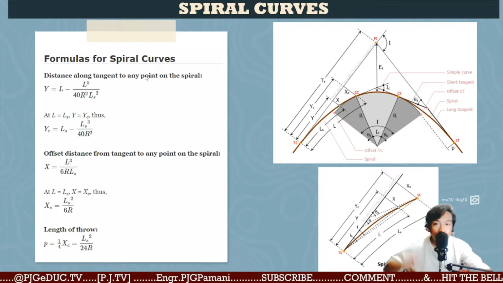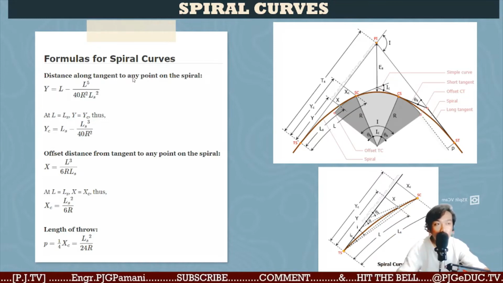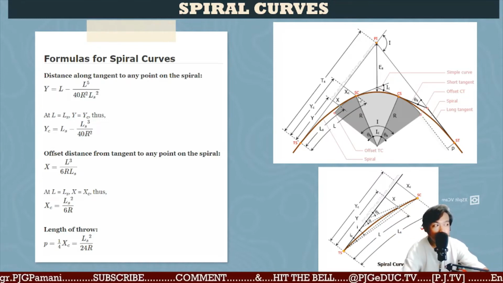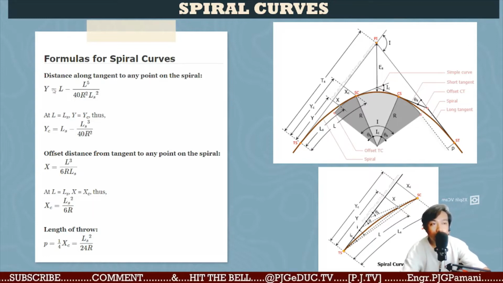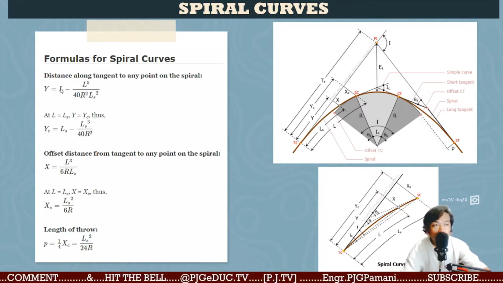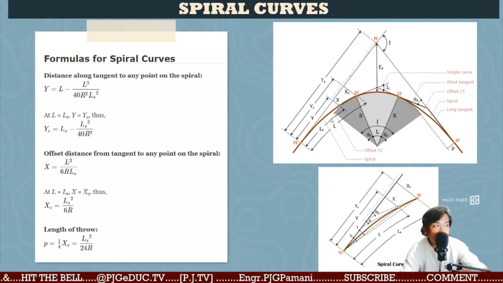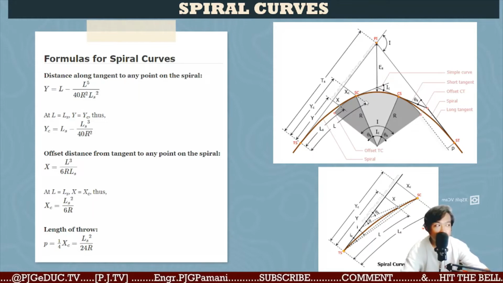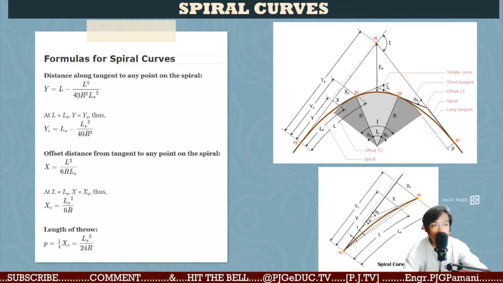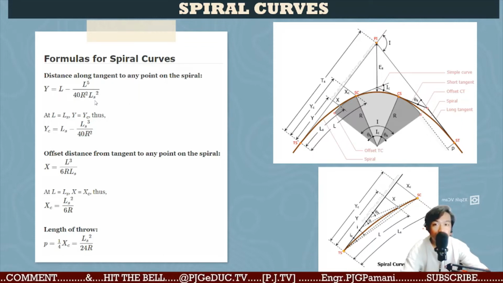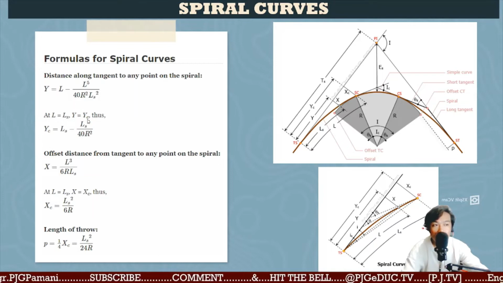It could either be the first quarter point, second, third, and fourth. Pag fourth quarter, ibig sabihin that is the full length of the spiral curve. At any point, Y is simply equal to the length of the spiral curve considered within the total span minus that length raised to the fifth over 40 radius of the simple curve squared times the total length of the spiral curve LS squared. At L equal to LS, Y will also be equal to YC.